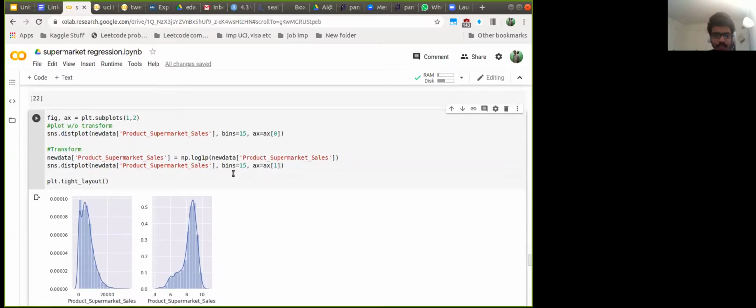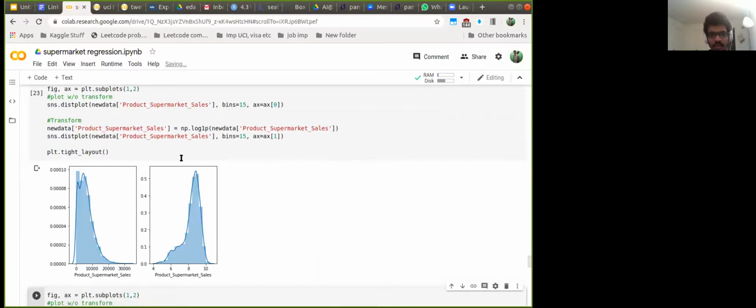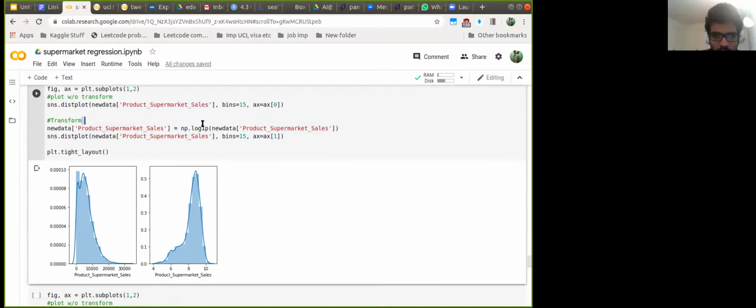It still has a skew, but it looks a little bit better compared to the earlier one, which had a lot of values closer to zero, and now we have transformed it using the log function. That is a little bit better, so I'm going to keep this.